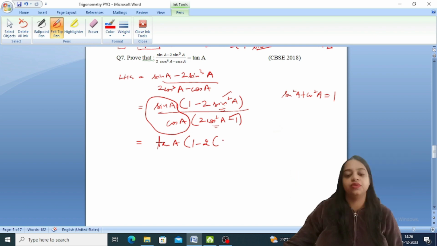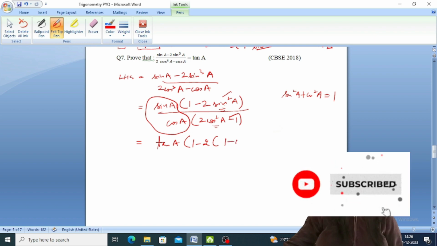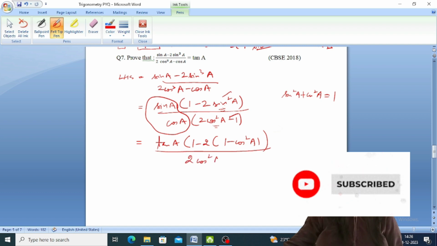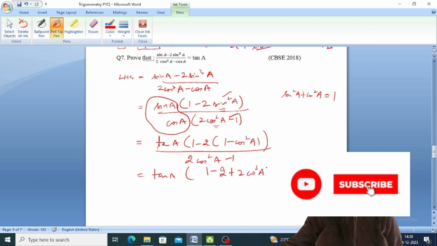So sine square A can be written as 1 minus cos square A, upon 2 cos square A minus 1. Opening up the brackets now, this is 1 minus 2 plus 2 cos square A upon 2 cos square A minus 1.